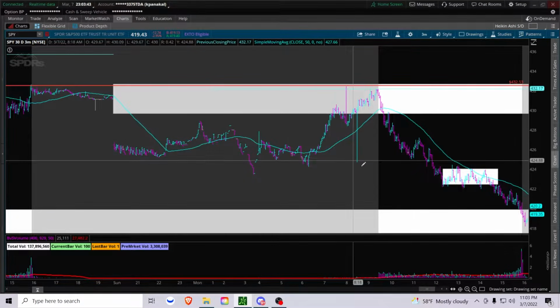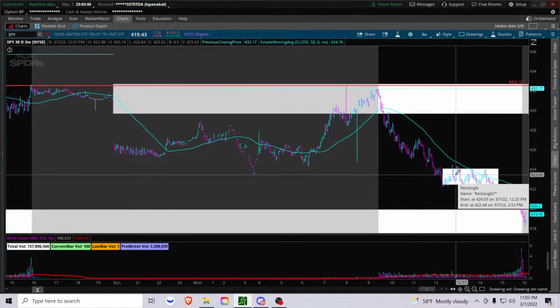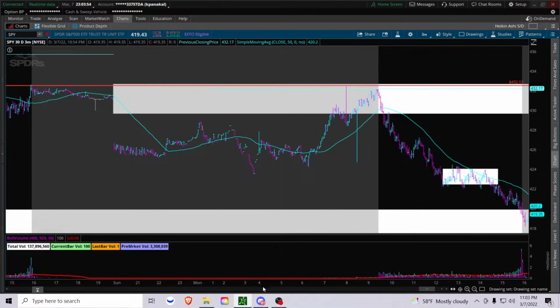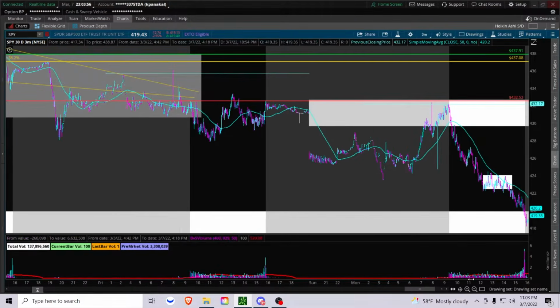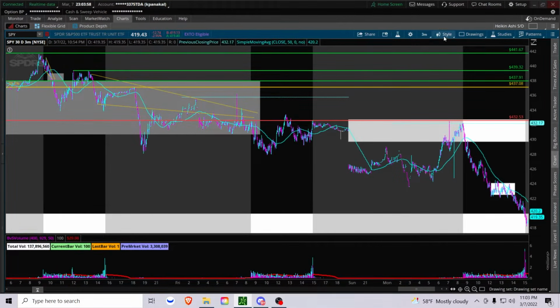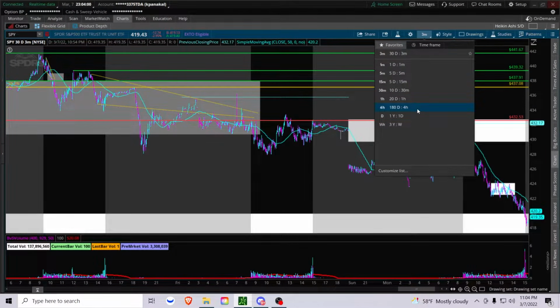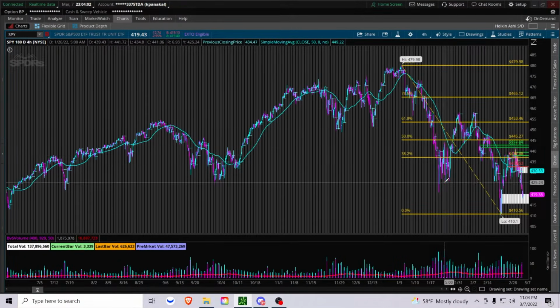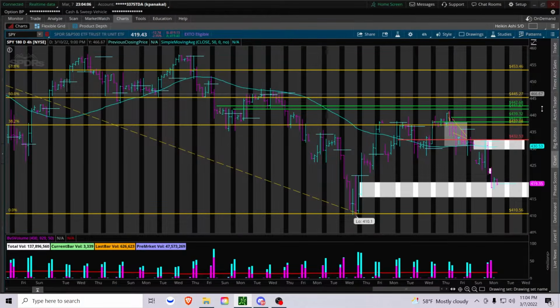But during the actual hours, sometimes you'll see it too. I remember about a month ago, we had this insanely long wick. I don't know if we'll find it, because I think Thinkorswim corrected it, but we had this massive wick out of nowhere, and it just made no sense.